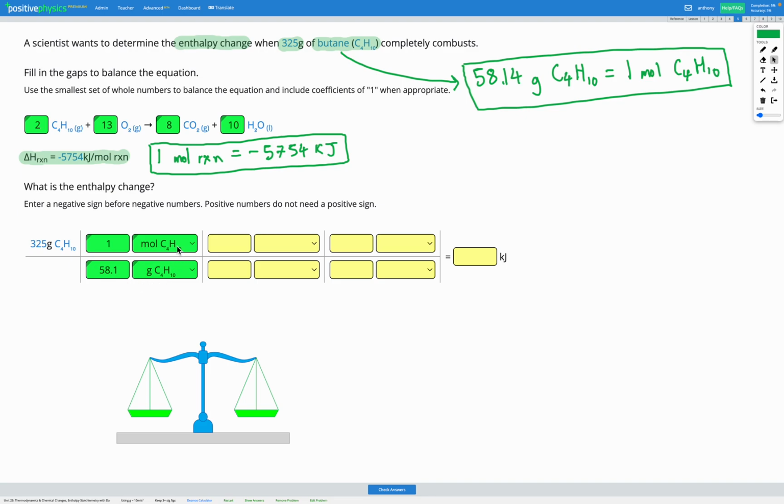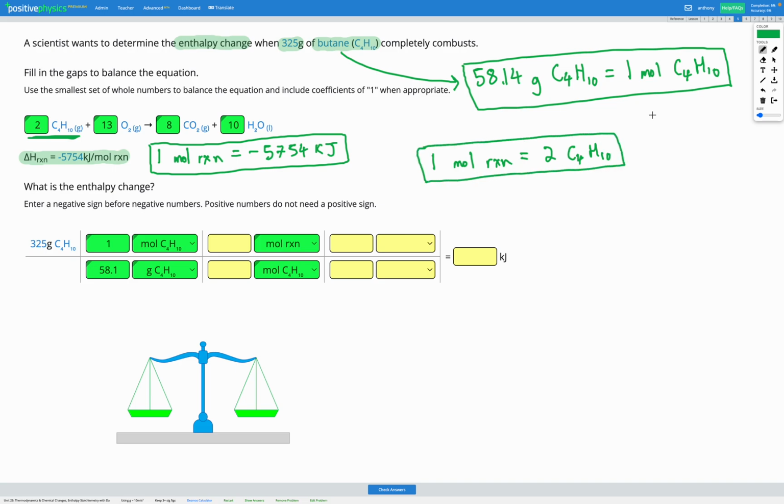Next, we want to convert into moles of reaction. So we're going to be going from moles of C4H10 into moles of reaction. So let's find our conversion factor here. So in 1 mole of our reaction, we have 2 moles of C4H10. So that gives us our conversion factor for moles of our substance into moles of the overall reaction.